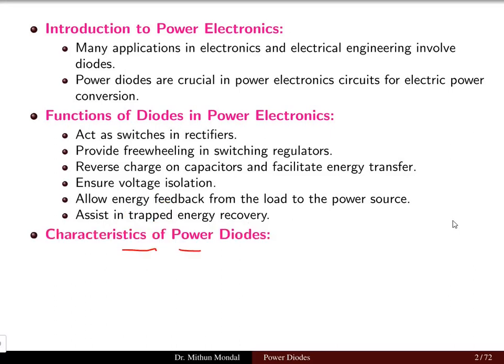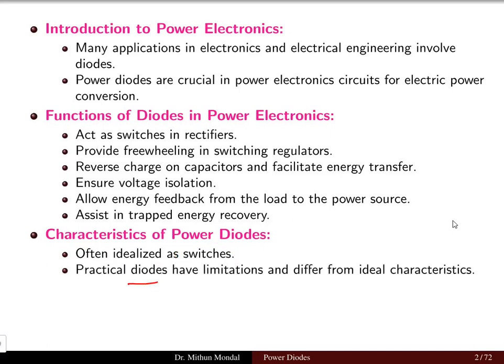The characteristics of power diodes are often idealized as switches. So basically the diodes act as a switch. Practical diodes have limitations and differ from ideal characteristics. Ideal diodes have no losses, but practical diodes obviously have some losses, and their characteristics differ from ideal diodes.